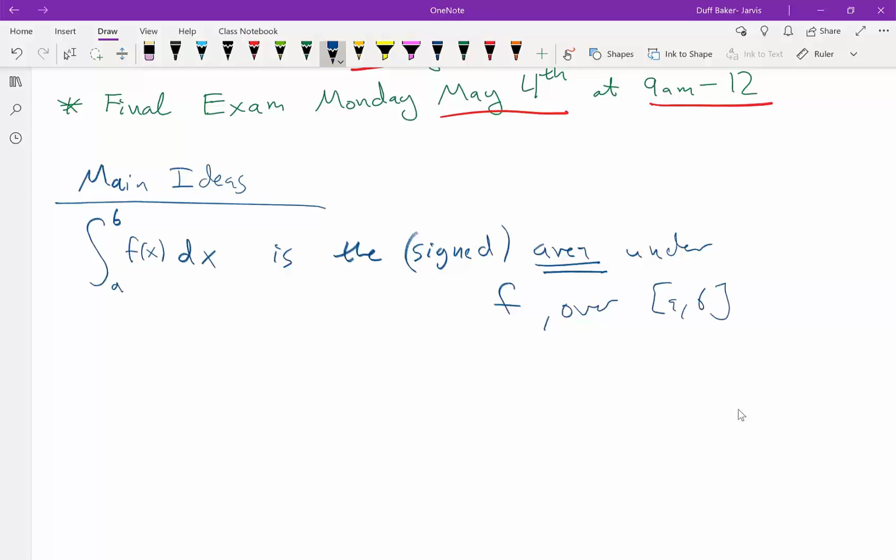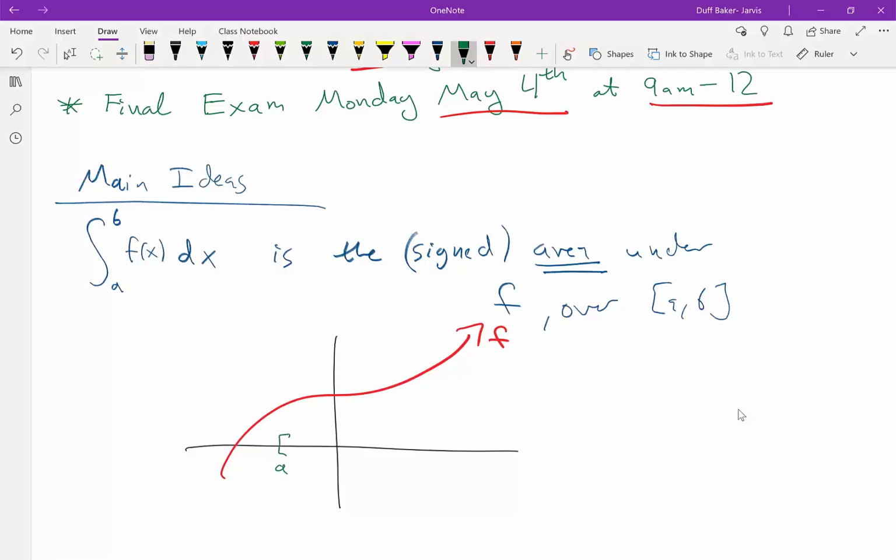So the picture you should have in your head is whenever you're calculating an integral, you're really calculating an area. So if you have some function f, some interval a to b, then it's whatever that area is. And it's the exact area. We're not doing any approximations this time. So it's whatever this area would be exactly.